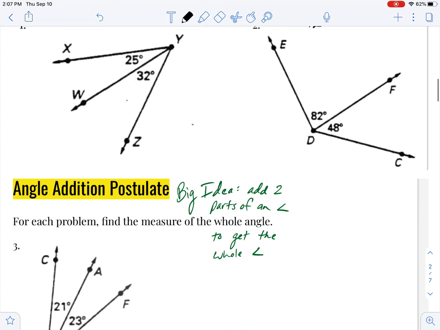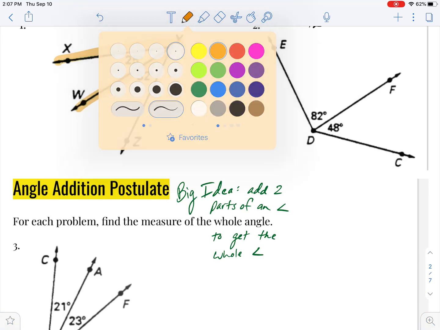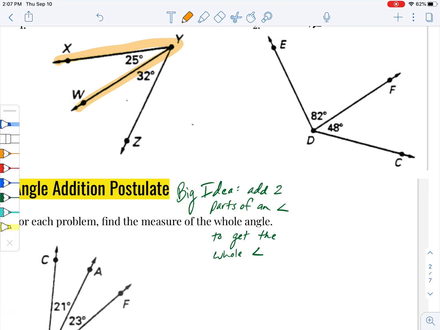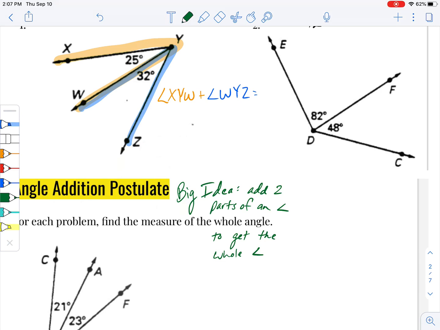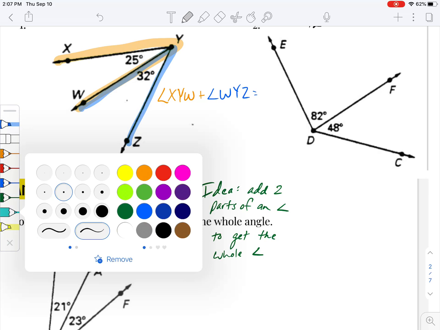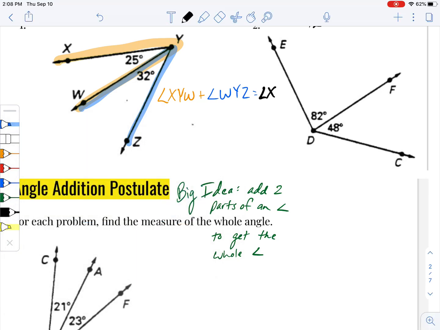So now I'm going to look at my angle XYW. I'm going to say angle XYW plus the other small part, angle WYZ, equals angle XYZ.